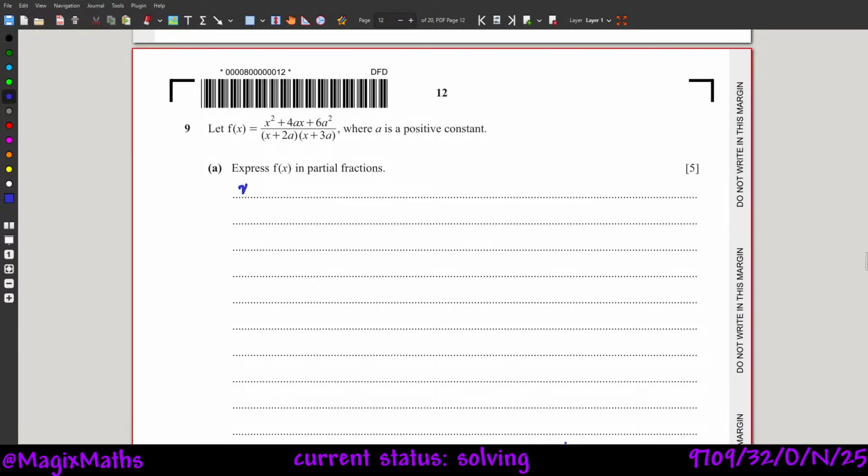Firstly, I'm going to expand the denominator. x squared plus 3ax plus 2ax plus 6a squared. You can see the difference here, right?